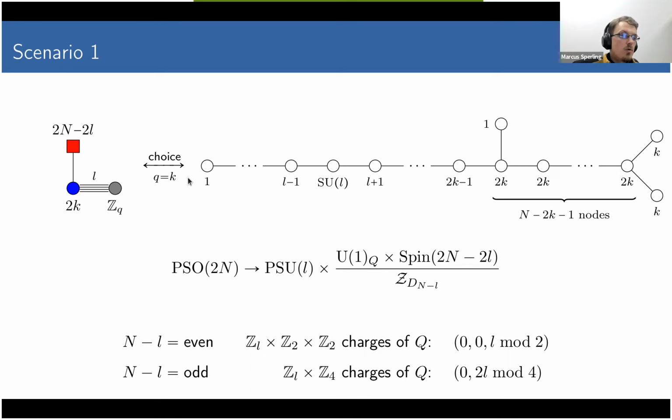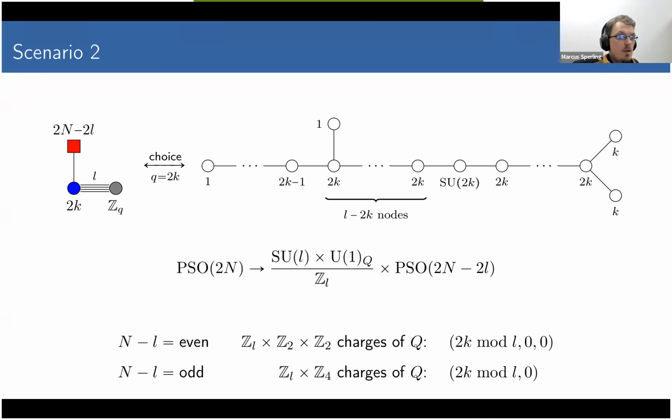And again, you could also gauge a different group. So you could gauge an integer multiple of the center symmetry associated to SU, and then you would increase the charge of this U(1) here, and then you would slightly modify this charge assignment here. So that works similar as in the A-type case. And if you do it the other way around, you would gauge the topological symmetry associated to the node after the flavor.